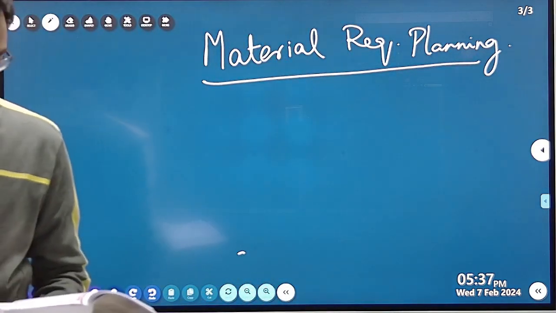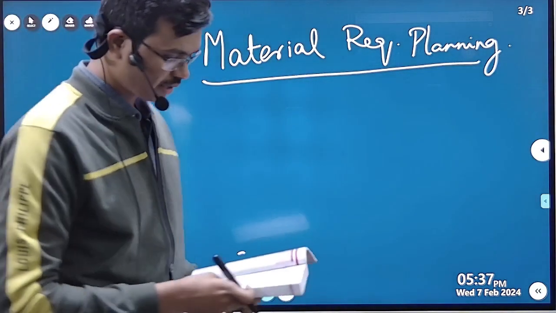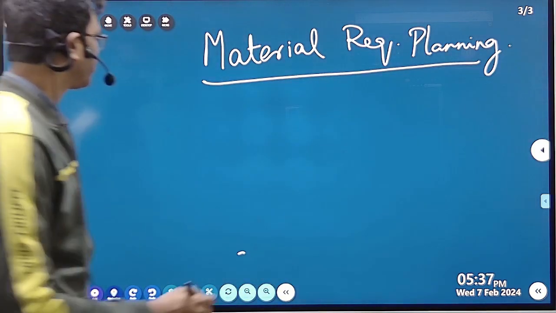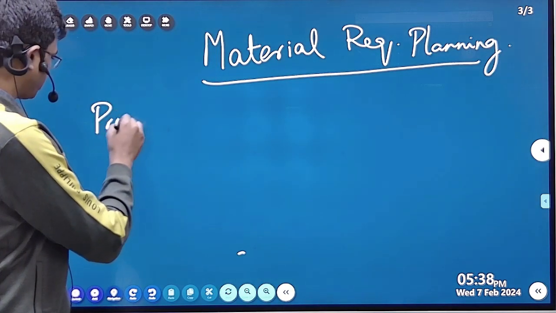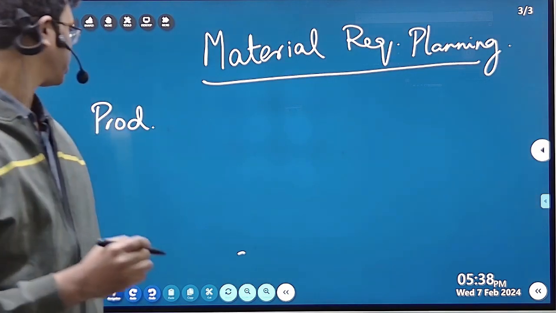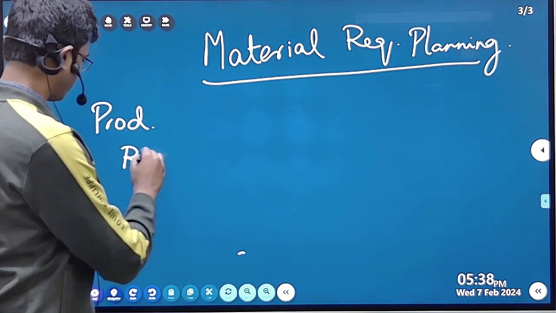Okay, so what is material requirements planning? Material requirements planning is nothing but, we know that there's going to be a production happening, right?